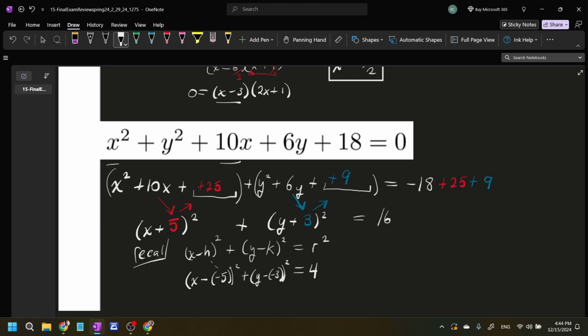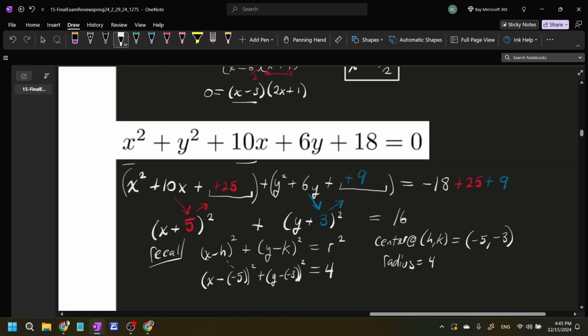So when we write it like this, we can recall that our center is located at the coordinates of h comma k, and we know that h is negative 5, and k is negative 3. So that's our center. And our radius, well, we figured that out already. Our radius is 4.